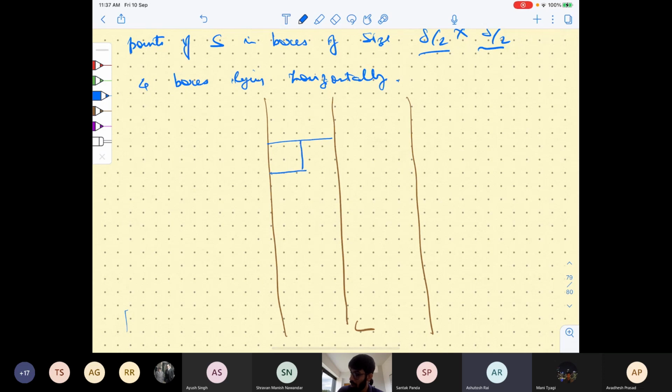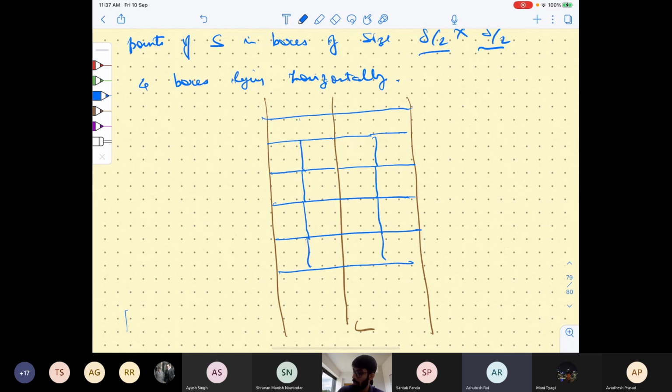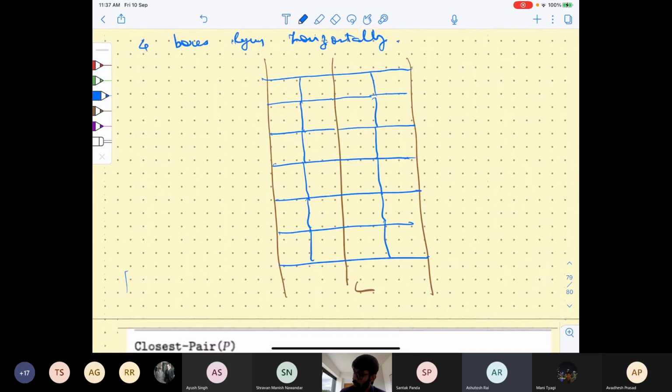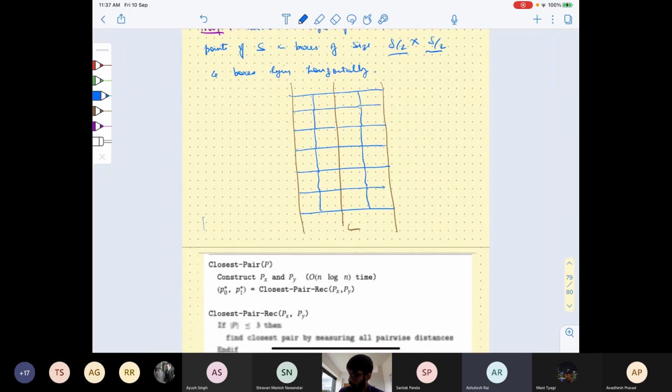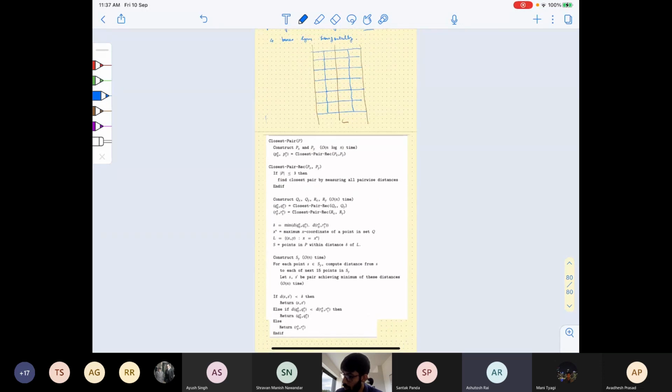These are square boxes. So you basically tile the whole region with these kinds of boxes. But this is again just for analysis. Good. Now, let me just get rid of this for now. We'll come to it later.